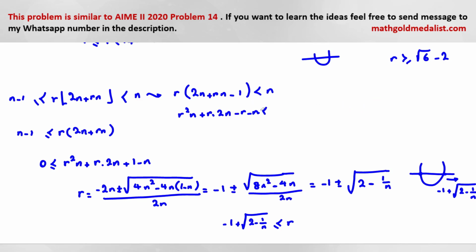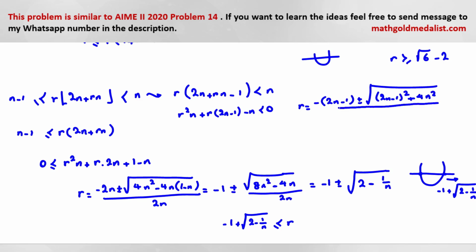We should consider r times (2n minus 1) less than 0. So r is what? Negative (2n minus 1), agreed? Plus or minus the square root of (2n minus 1) squared plus 4n squared, agreed? Over what?